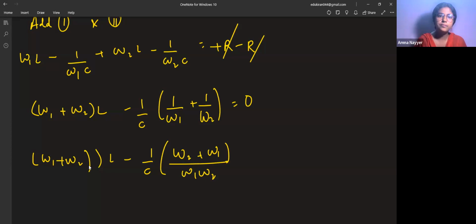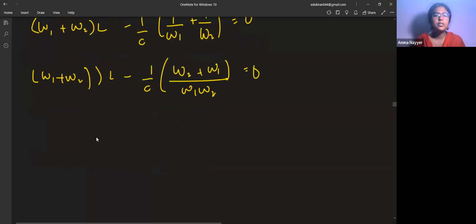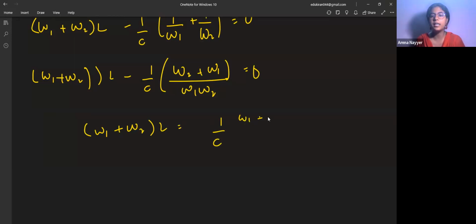So let's shift this entire term to this side. It actually becomes omega 1 plus omega 2 times L is equal to 1 by C times omega 1 plus omega 2 divided by omega 1 into omega 2.